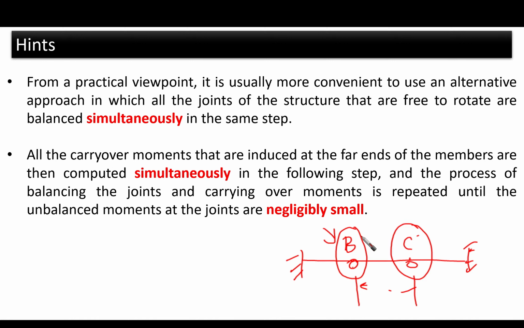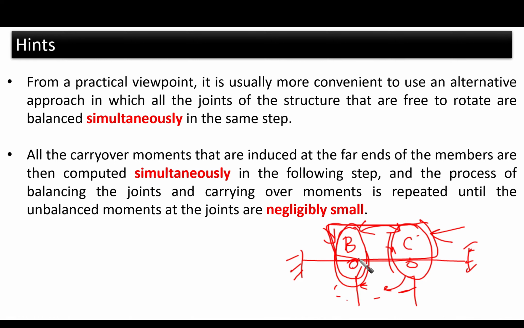It takes time because we need to alternate between B and C, making balance here, finish it, and then go here, making balance, and then finish it, and then make the carry over, and so on and so forth. So is there a way for us to balance the 2 points together at the same time, simultaneously? The answer is yes.